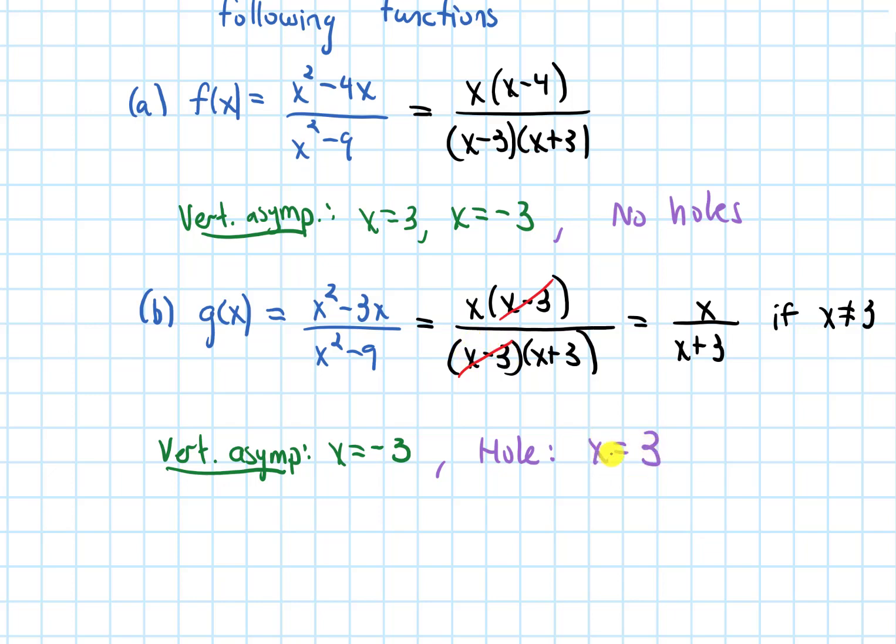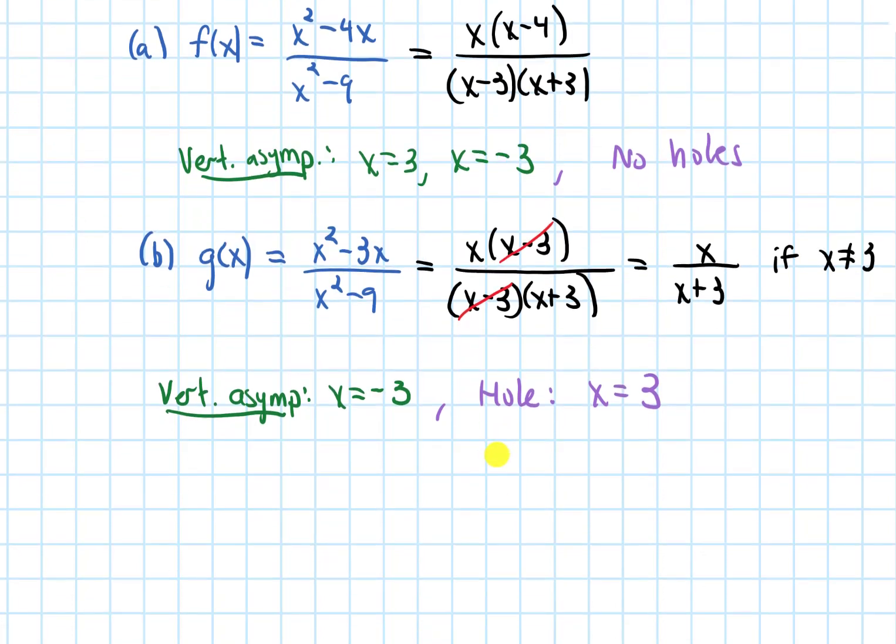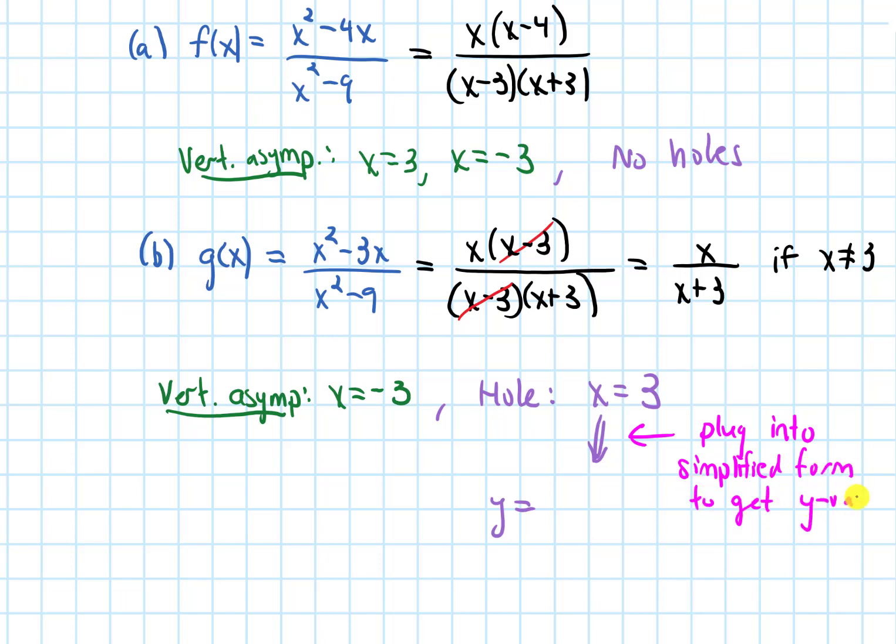But a hole should be a point on the graph. How do I get its y-coordinate? We need to plug x equals 3 into something. We are going to plug it into the simplified form to get the y value. The technical way we'd find the y value of the hole is you take the limit as x approaches 3 of your function.